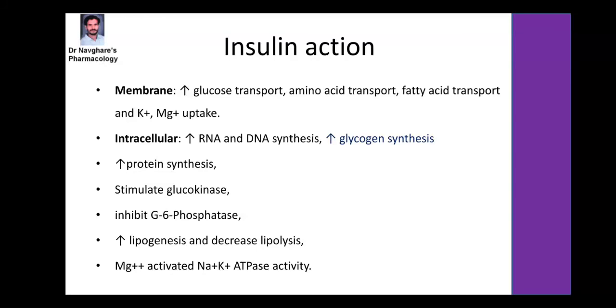Along with that, it stimulates the glucokinase enzyme and inhibits the glucose 6 phosphatase enzyme. Insulin also increases lipogenesis and decreases lipolysis. So these are the actions of insulin on the cell membrane and intracellular components.